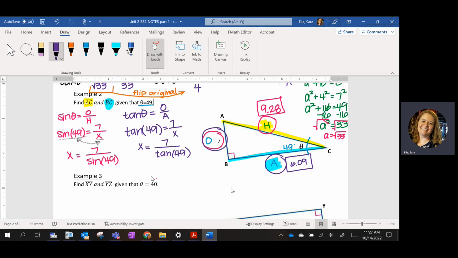And that one, you can double check it. If you have a 90-degree angle here, the acute angles have to split the other 90, right? So if this is 49 degrees, that leaves 41 degrees for this angle. So this is the smallest angle, right?